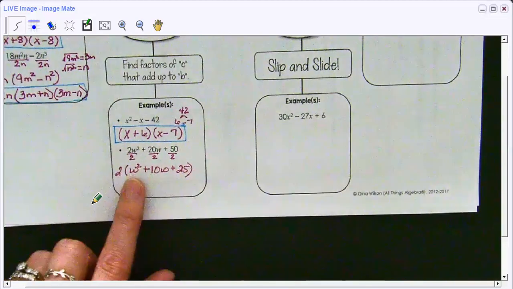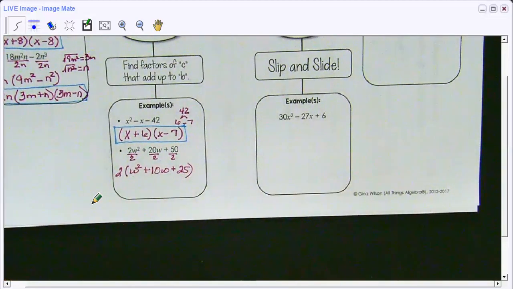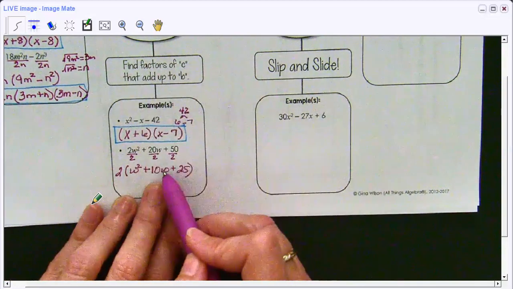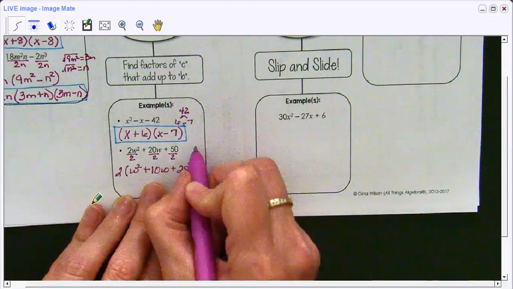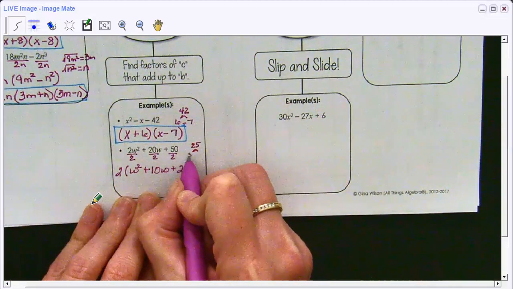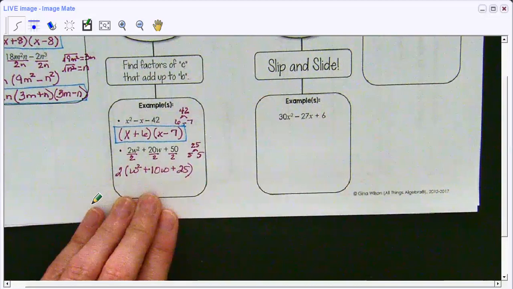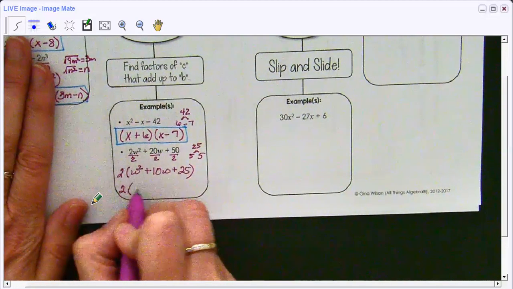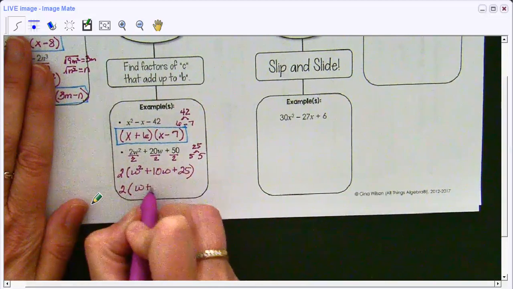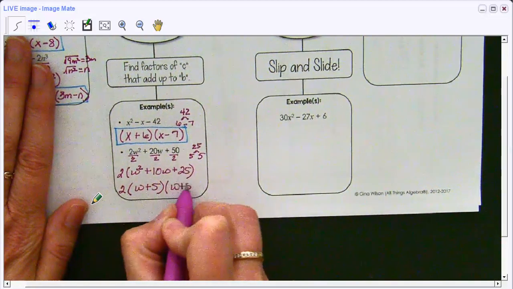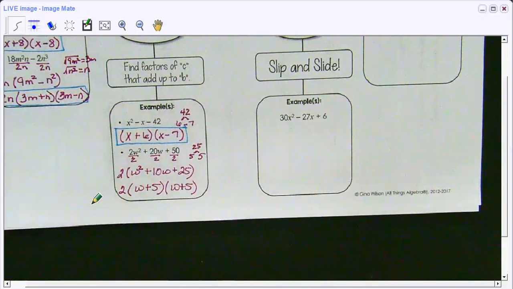Now we have an A that is 1. So we follow the rules. We find factors of C that add up to B. What are our factors of 25 that add up to 10? 5 and 5. So it's 2 times w plus 5 times w plus 5, or w plus 5 squared. Okay.